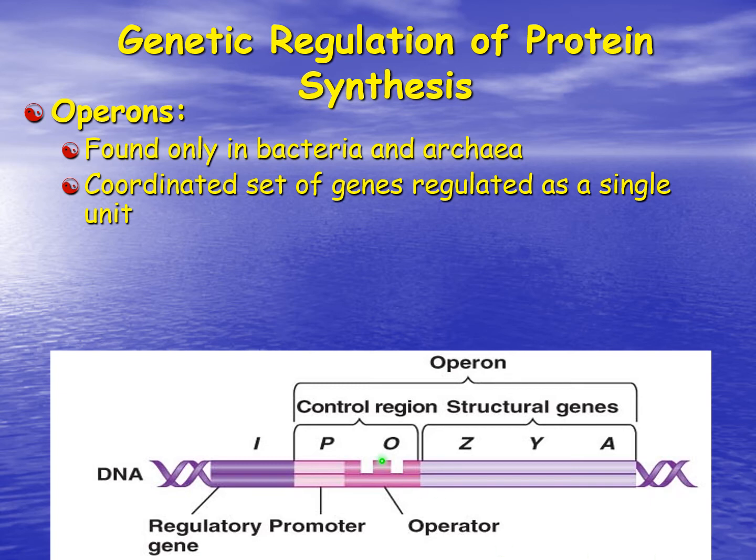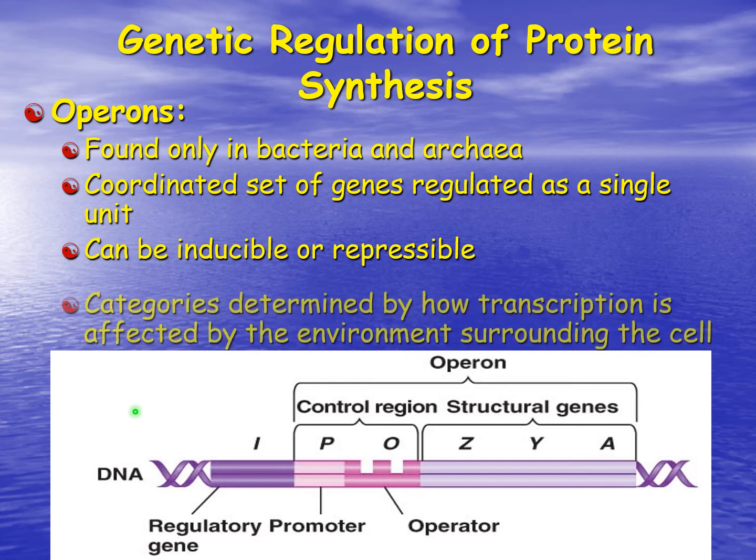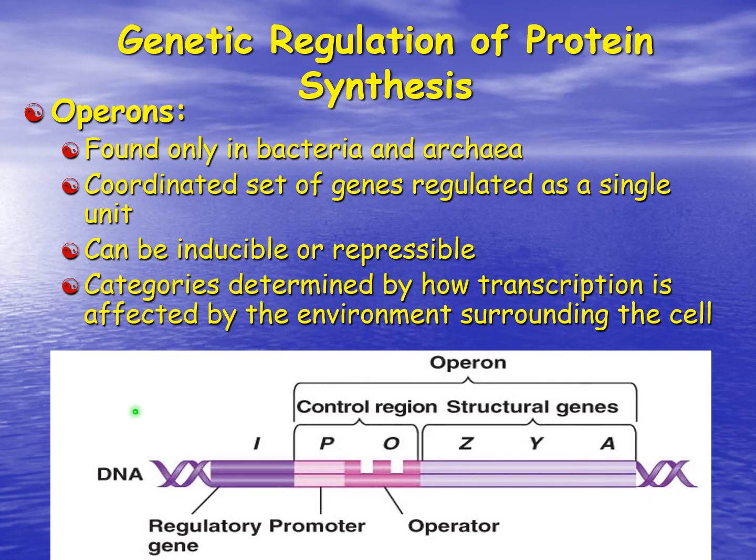They have a control region made up of a promoter and an operator, and they always will have a regulatory gene associated with them that may be closely located to the operon or somewhere else in the DNA. These can be inducible or repressible, and the categories are determined by how transcription is affected by the environment surrounding the cell.